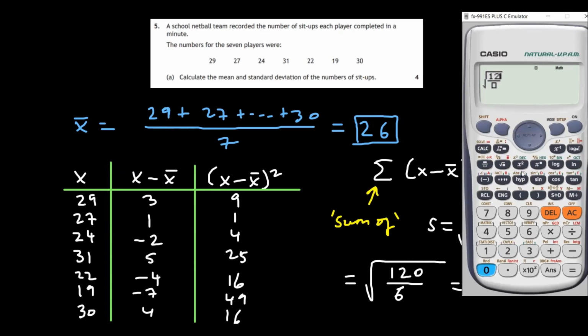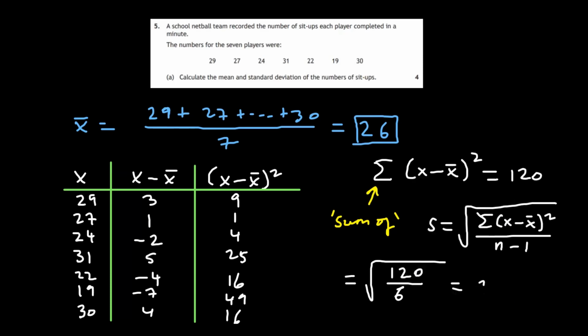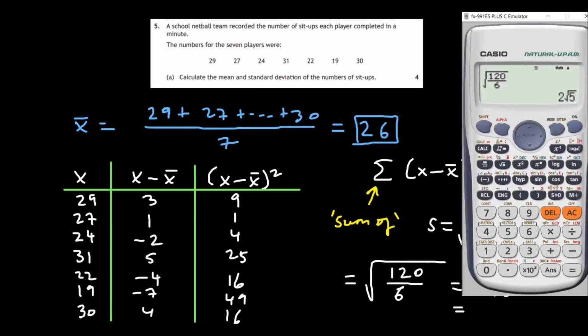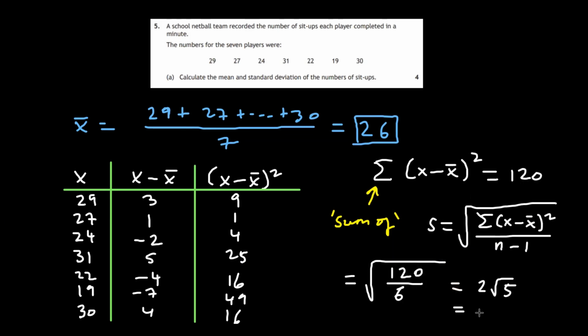So root and then 120 over 6. And that would be 2 root 5. And then because we're going to do a compare question after that, we should change that to a decimal, actually. So that would be 4.47.